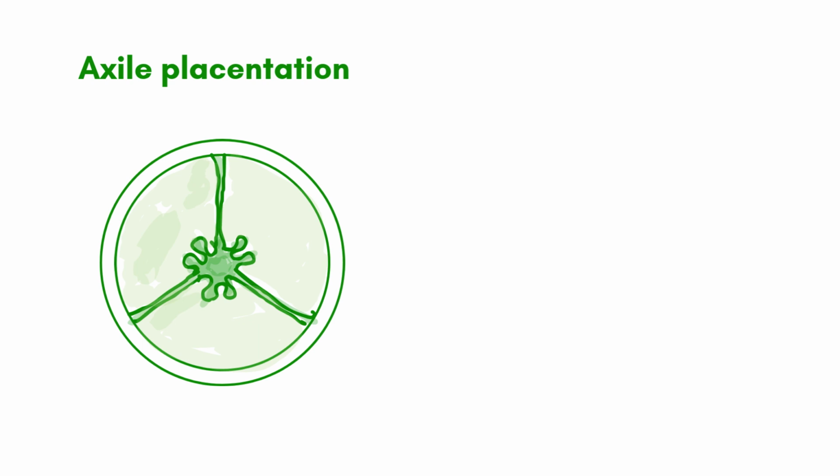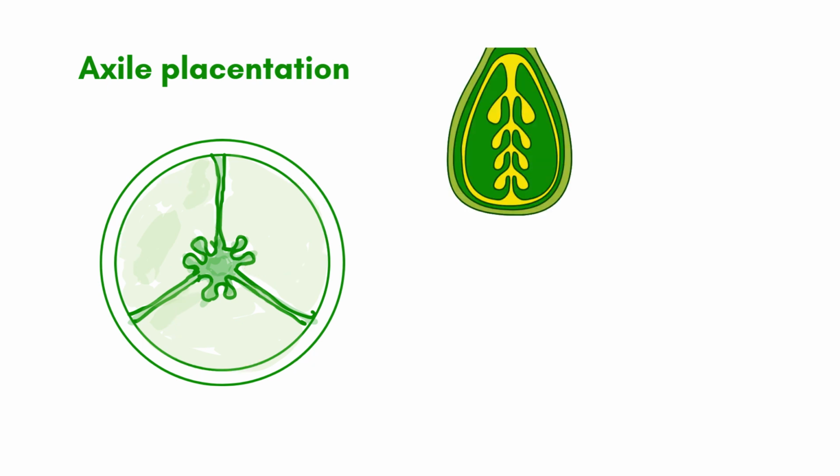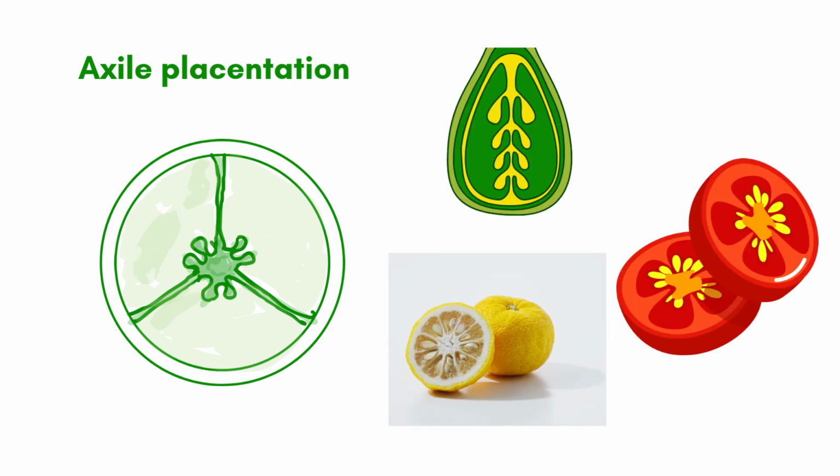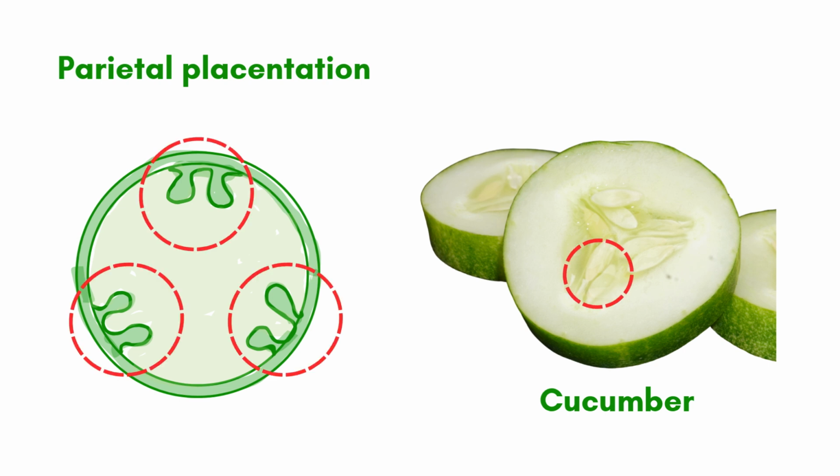When the placenta is axial and the ovules are attached to it in a multilocular ovary, the placentation is said to be axial, as in China rose, tomato and lemon. In parietal placentation, the ovules develop on the inner wall of the ovary or in the peripheral part.